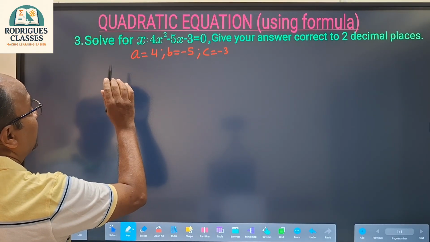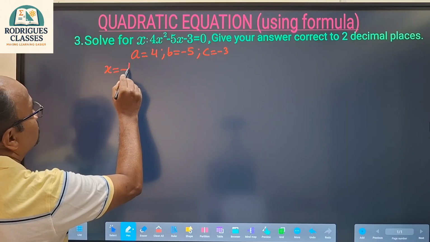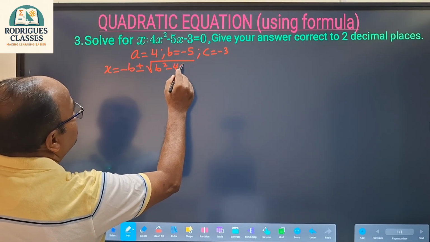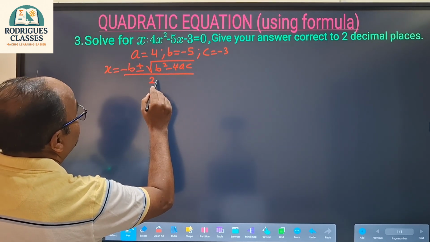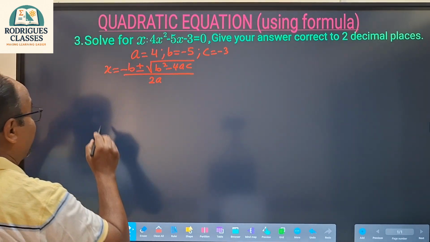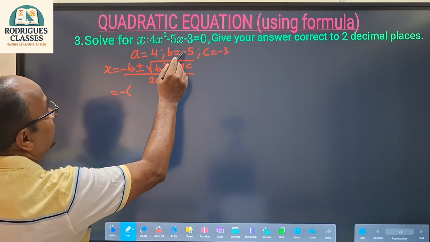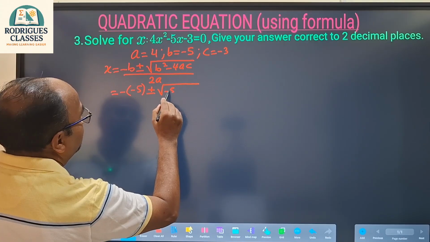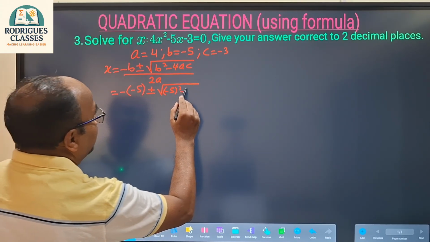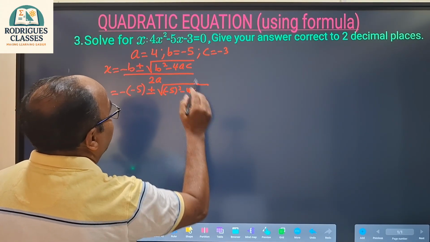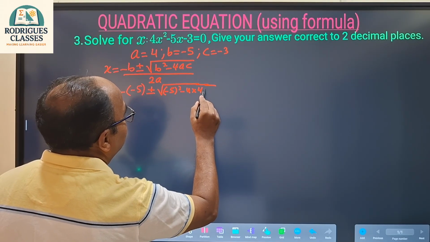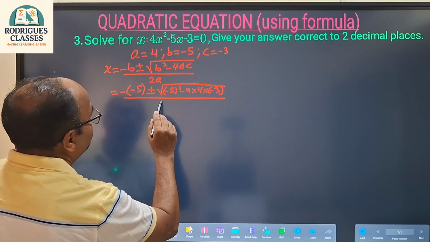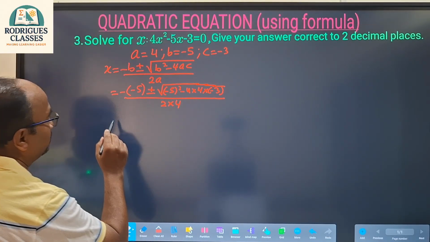So I will be taking up the formula now. x is equals to minus b plus minus root over b square minus 4ac by 2a. So substituting the values now, minus b is in minus 5. So minus 5 plus minus root over minus 5 square minus 4 into a value is 4 and c value is minus 3 divided by 2a, so 2 into 4.